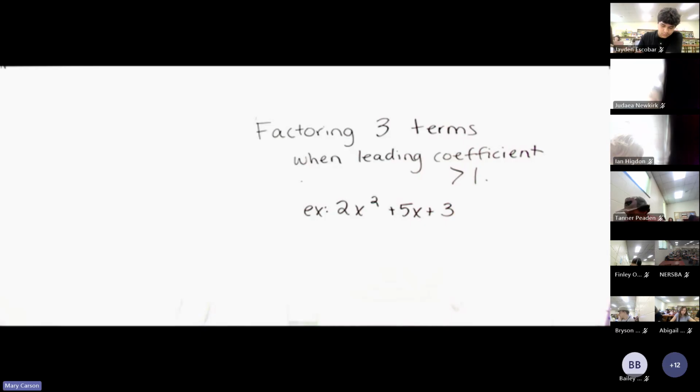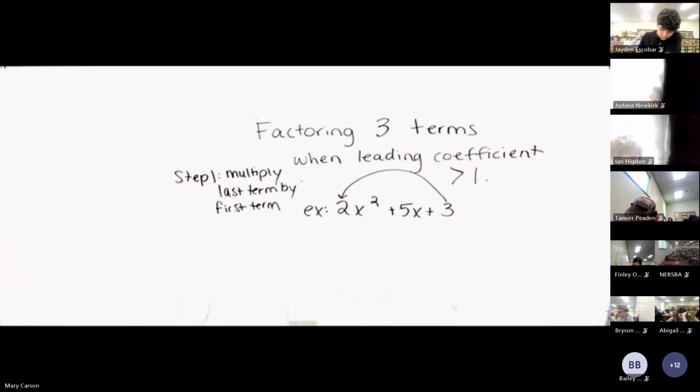So notice here on this one, we have a 2 as the leading coefficient, so it is not 1. When you have a number that is greater than 1, the first step is you have to multiply the last term by the first term. So I'm going to write over here, step 1, multiply last term by first term.